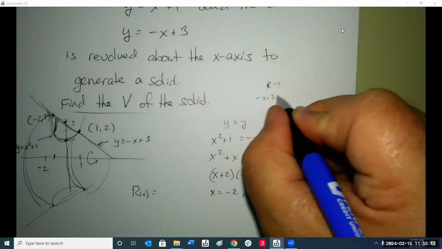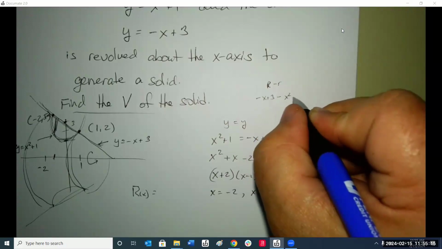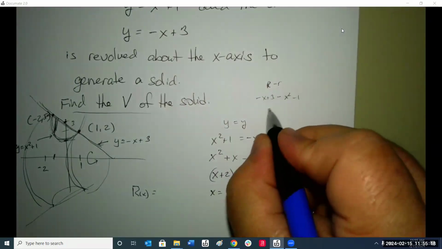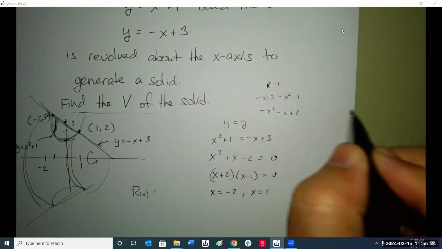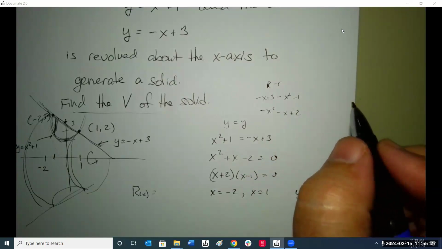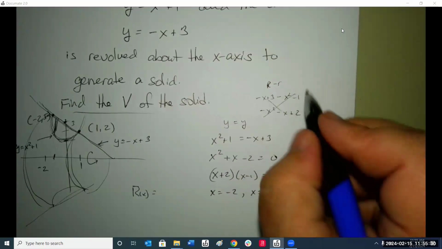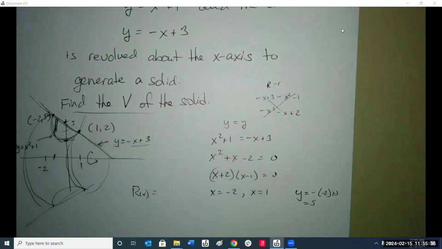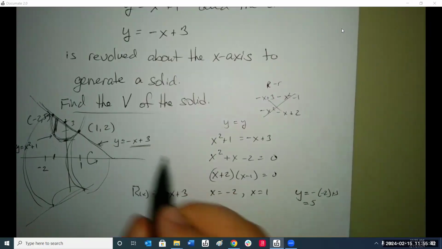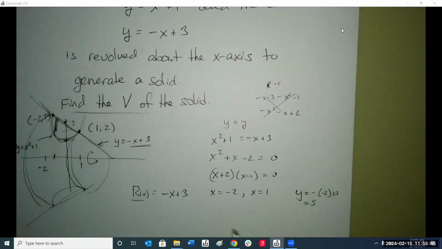No, that'll be a parabola, so it can't be that. So we're going to use this as our radius, because that's the high point. It's capital R, so it's negative x plus 3. And little r is x squared plus 1, because it's the lower one.